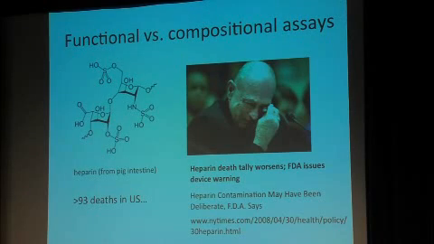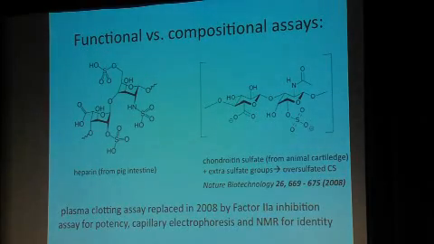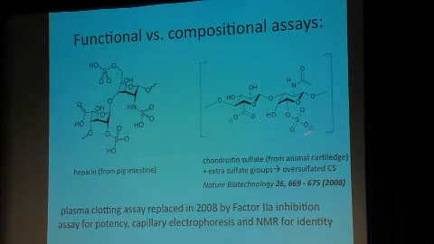And I chose heparin because it's a biopolymer, a fairly heterogeneous structure. In this case, the functional assay of the clotting had been jiggered, basically, by the addition of oversulfated chondroitin sulfate. This is a material that is able to prevent blood from clotting, but has the side effect of causing severe immune responses and blood pressure changes in humans and also in other large animals.